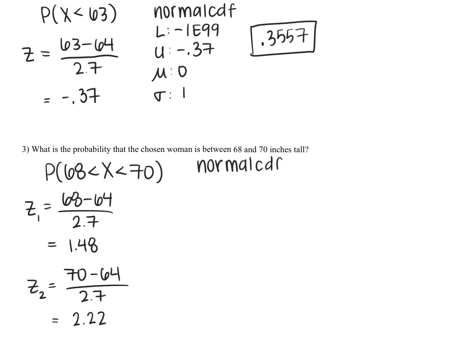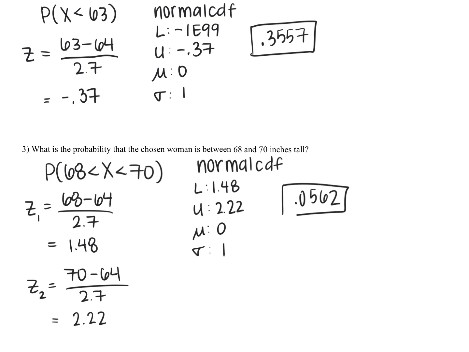So we have normal CDF. My lower bound is the smaller z-score, 1.48. My upper bound is the bigger one, 2.22. Mean of 0, standard deviation of 1. And we're going to get 0.0562. Okay.